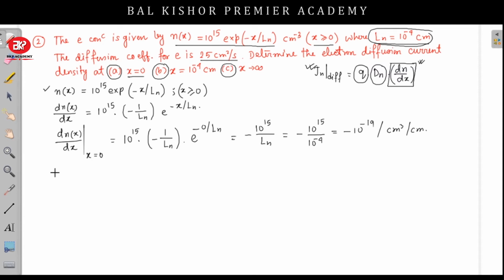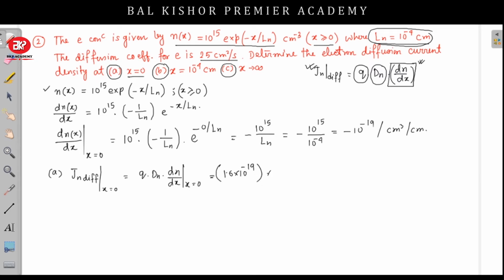Now we can find the value of Jn due to diffusion at x equals to 0. It will be q into Dn into dn by dx at x equals to 0. We know the value of q, 1.6 into 10 to the power minus 19.